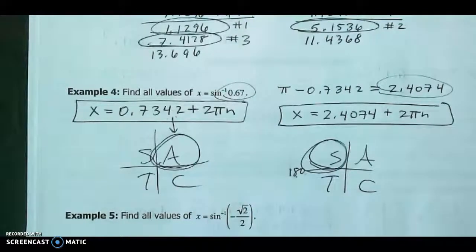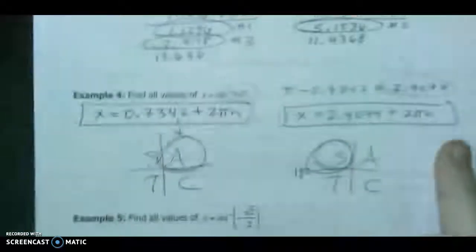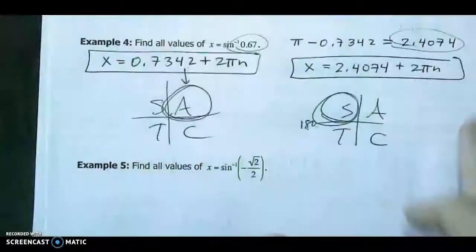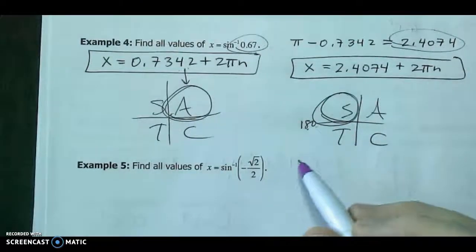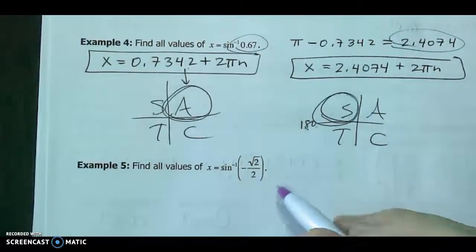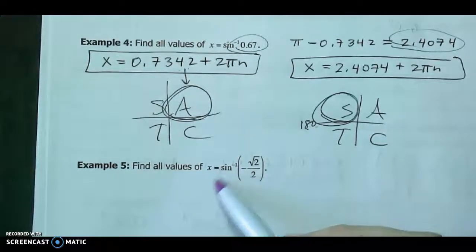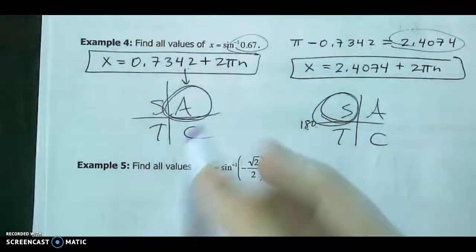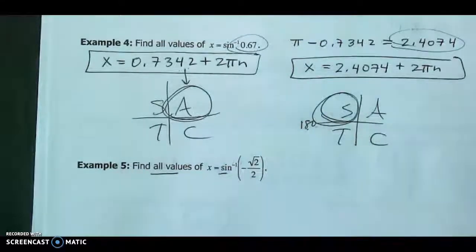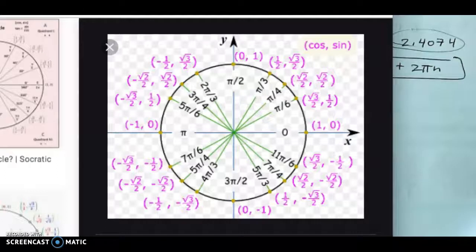When you look at a unit circle for negative radical 2 over 2, this is asking for a general solution because it says all values in sine. So we're going to look in our unit circle, so get that out. The question asks us, where is sine negative radical 2 over 2?